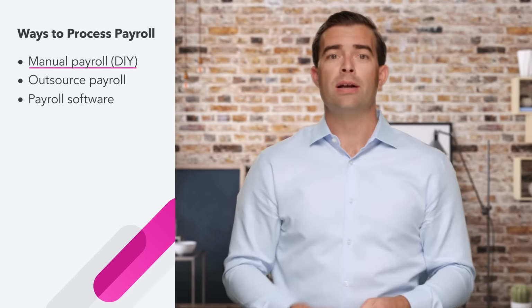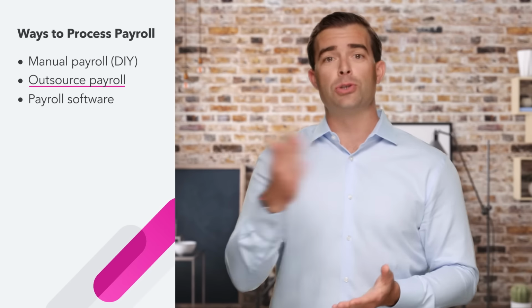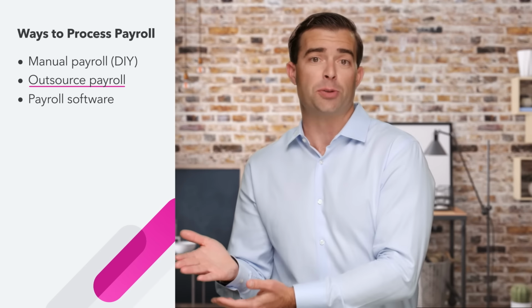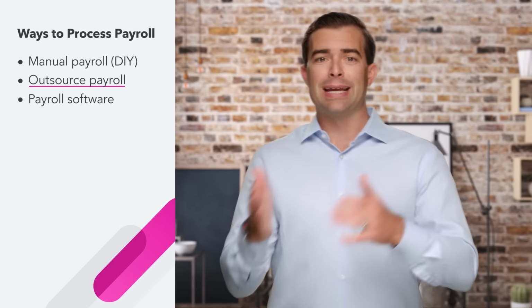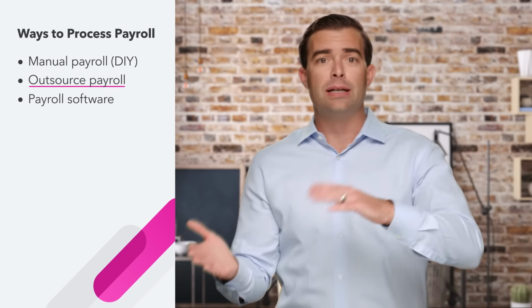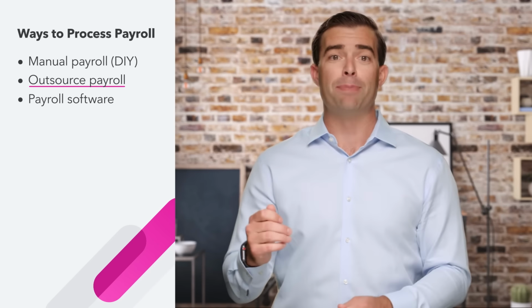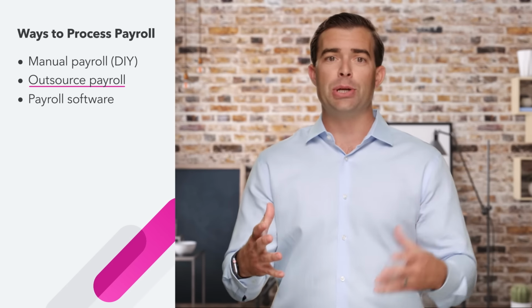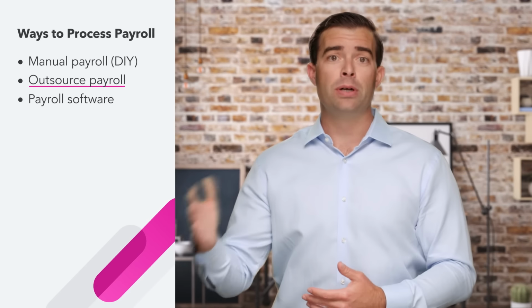Option two is to outsource payroll to a different service provider. That might be an accounting firm or a payroll company that specifically focuses on running payroll. You give all your information to them and they do it for you.